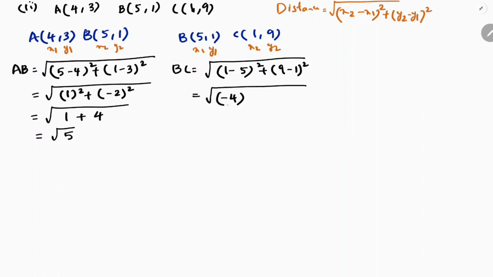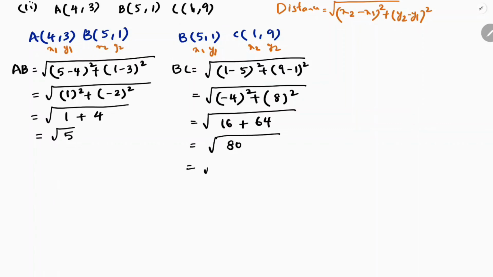It's minus 4 whole square, 9 minus 1 is 8 square. This is 16 and this is 64. 16 plus 64 is 80. The prime factors of 80 are 2 into 2 into 2 into 2 into 5. So 4 root 5. BC is 4 root 5.